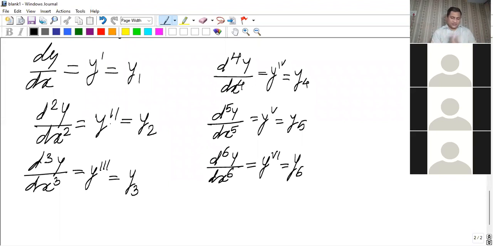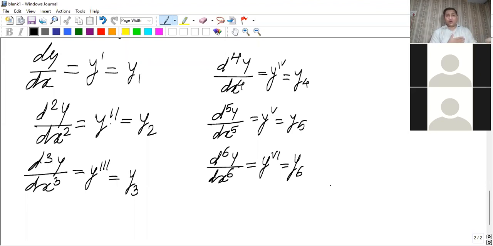Now the important thing is that if I want to know the nth derivative, I must understand what I am getting. I'll go for the first derivative, second derivative, third derivative, fourth derivative, fifth derivative and so on.